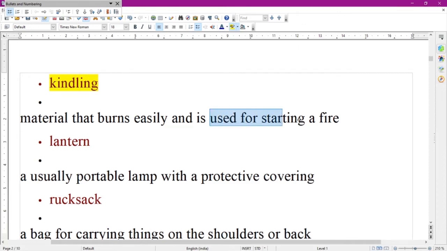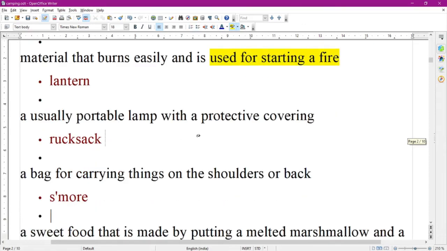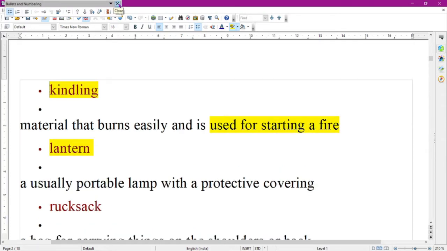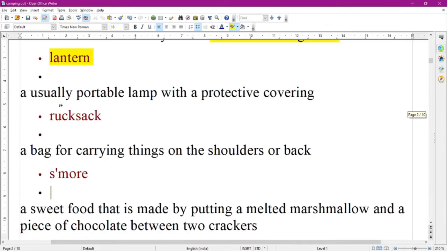Inside the tent, especially at night, there won't be a fire outside, and since there is no electricity or light, they usually keep a lantern or even a torch. Now this is a rucksack.